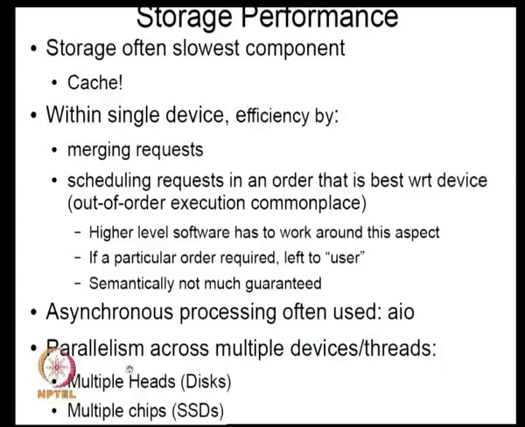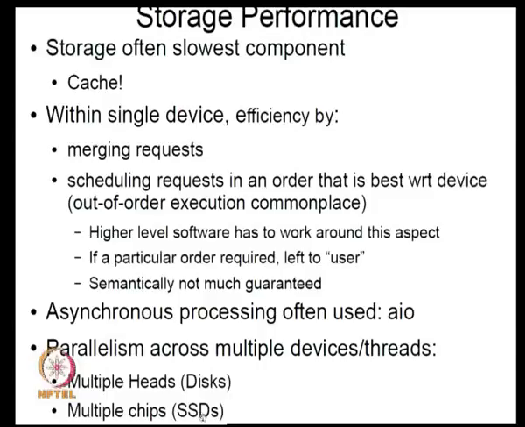You can have parallelism across multiple devices and threads. You can have multiple heads, multiple chips. Solid state disks have multiple chips. For example, the basic size will be 8 gigabits, and you put multiple 8 gigabit chips and all of them can be accessed at the same time. Multiple heads means you have multiple disks. In high performance systems you can have something like 48 disks, 1000 disks, 8000 disks.